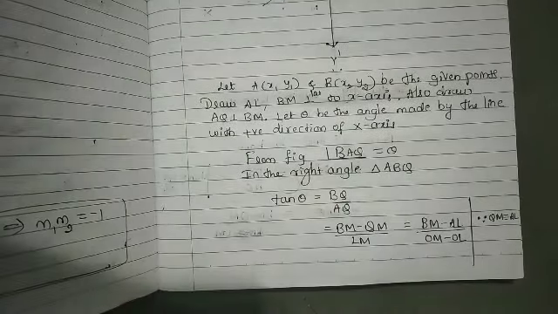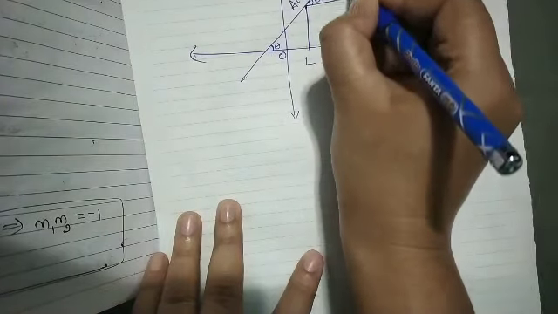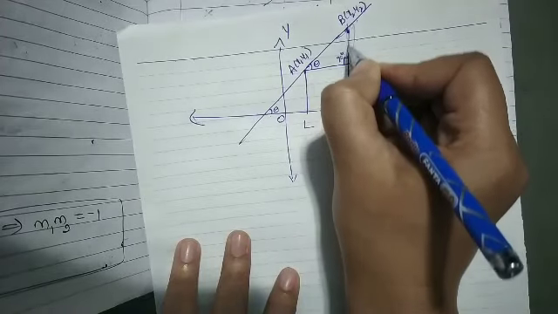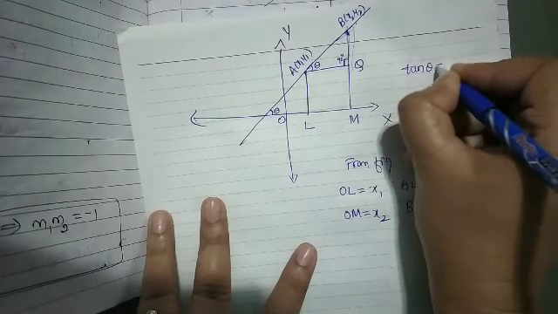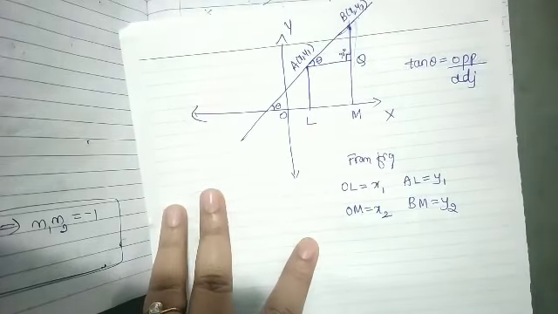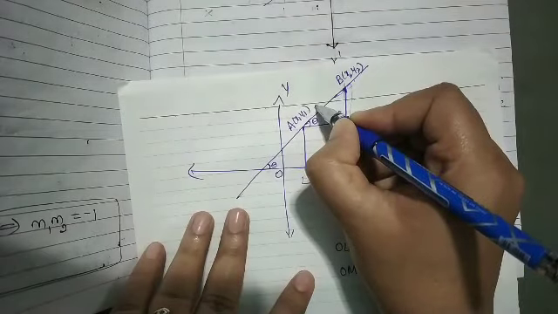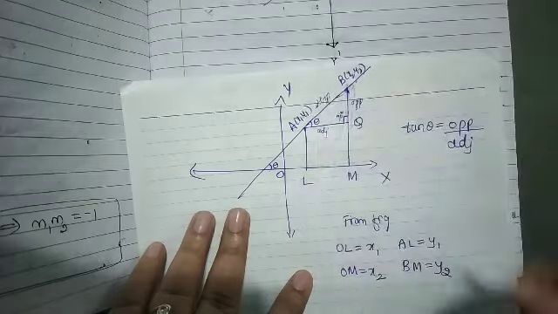In this triangle we are going to define the tan ratio. As you learned in lower classes, tan theta is given by opposite by adjacent. Correct? So here this is the hypotenuse, this is adjacent and this is opposite.